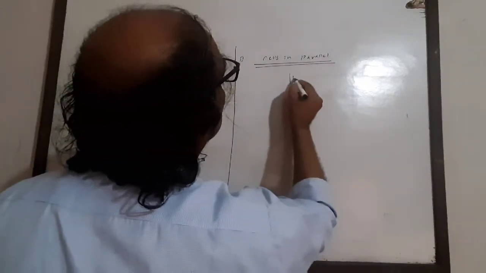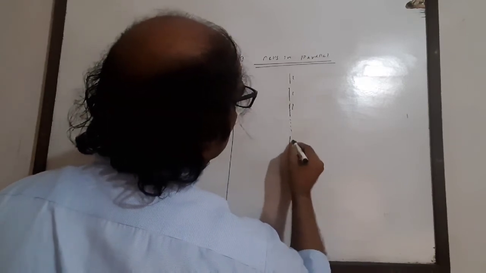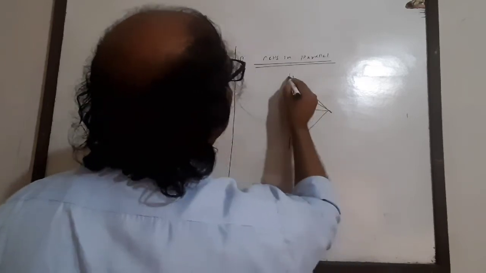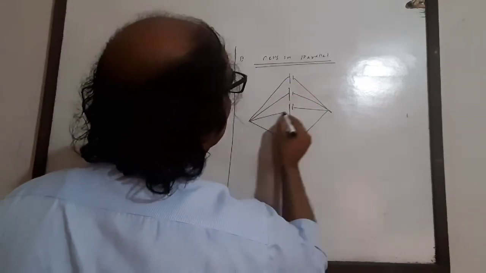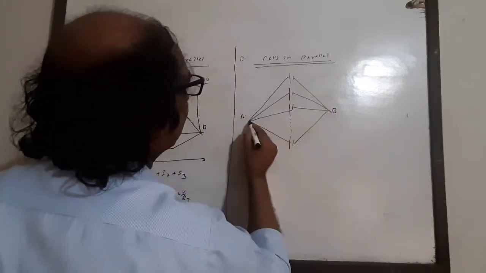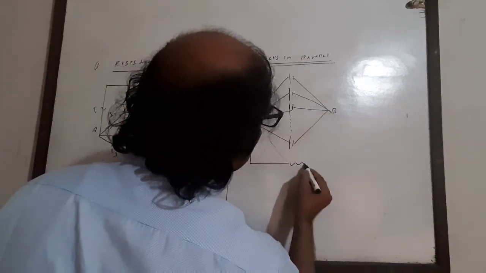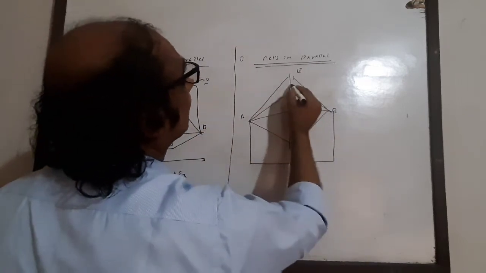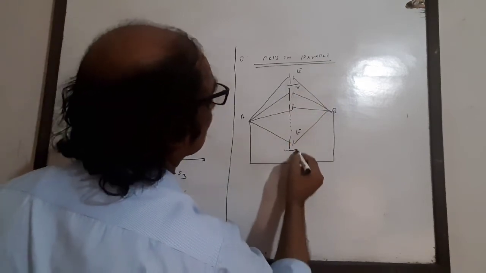So now consider n number of cells, each of EMF E, internal resistance r, and all of the negative terminals are connected to a point A and B as shown in the figure, and finally the junctions of the cells are connected to the external resistance R. This is the EMF E and internal resistance r of each, this one E, internal resistance r, and so on.